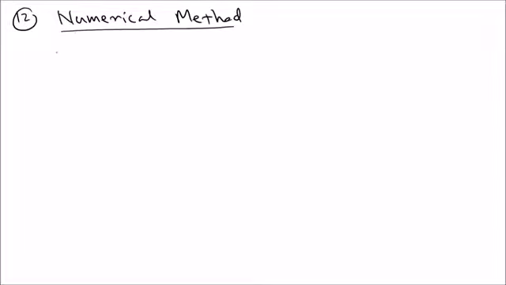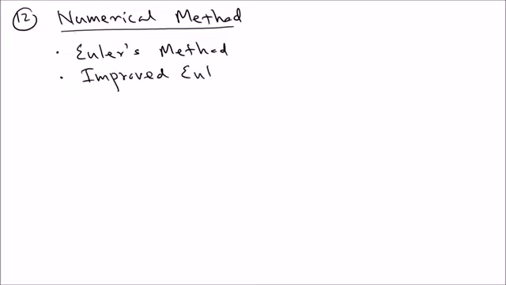When you talk about numerical methods, we discussed three of them. One is the easiest one, the most obvious one, what we call Euler's method. And then we have the improved Euler's method.